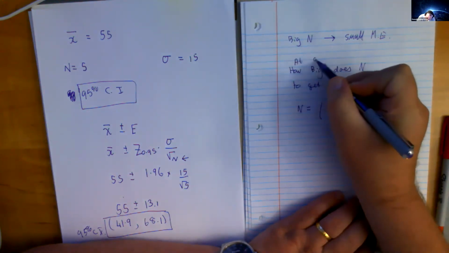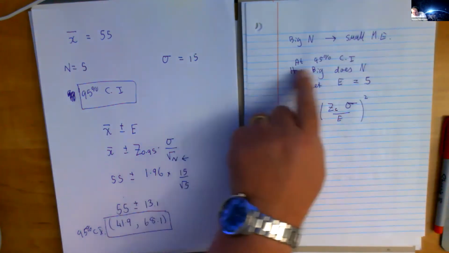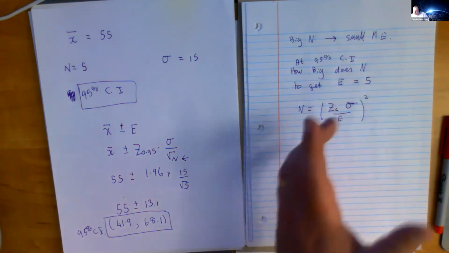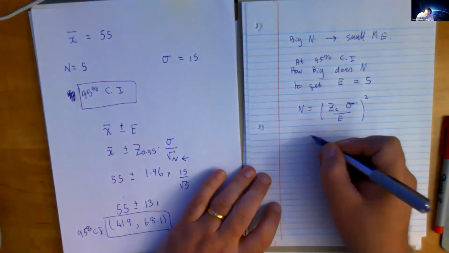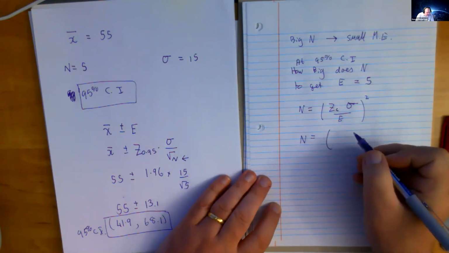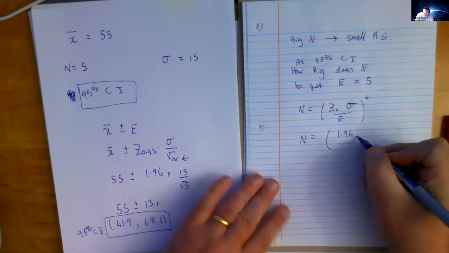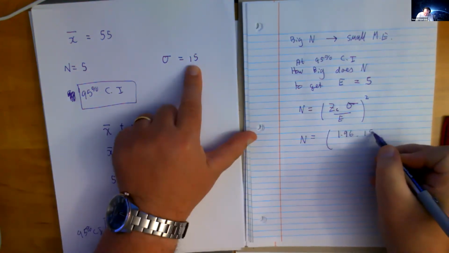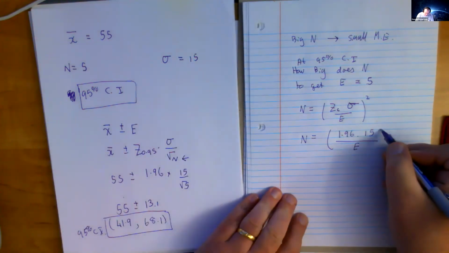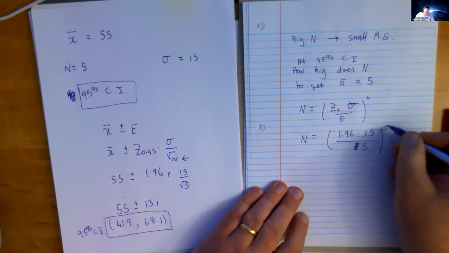A 95% confidence interval. How big does N need to be to get a margin of error of 5? So that's the full question. So that now means that the sample size N is, for 95%, 1.96 times 15 over a margin of error E, which I forgot to put in, 5, all squared.